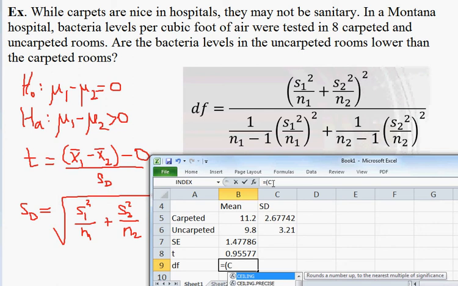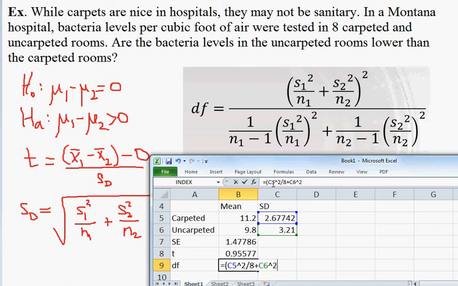The number of degrees of freedom will be equal to the first standard deviation squared divided by the sample size plus the second standard deviation squared divided by that sample size, whole thing squared, divided by 1 over 7 times first standard deviation squared over 8, whole thing squared, plus 1 over the second sample size minus 1, times the second standard deviation squared over 8, whole thing squared.